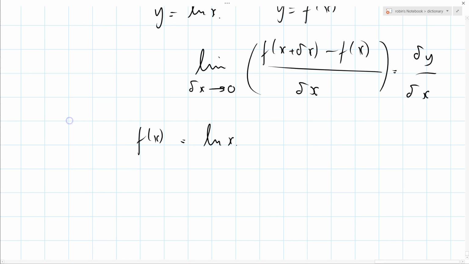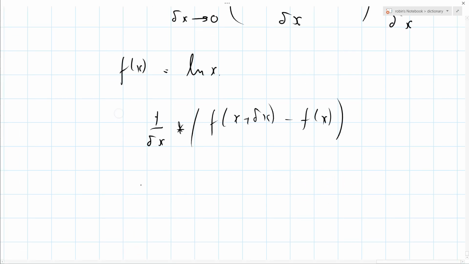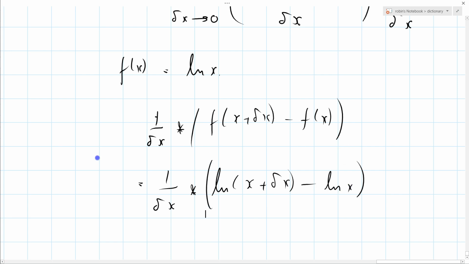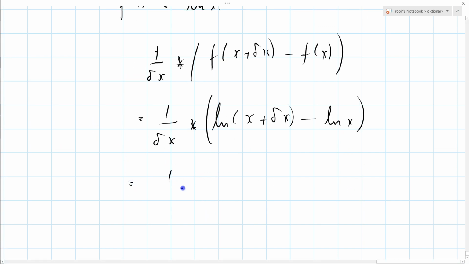So what does that give us? That gives us 1 over delta x times f of x plus delta x minus f of x equals 1 over delta x times, in this case, log of x plus delta x minus log x, equals 1 over delta x times log of x plus delta x over x.